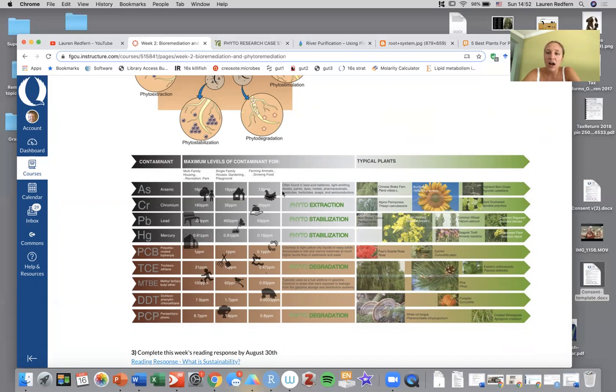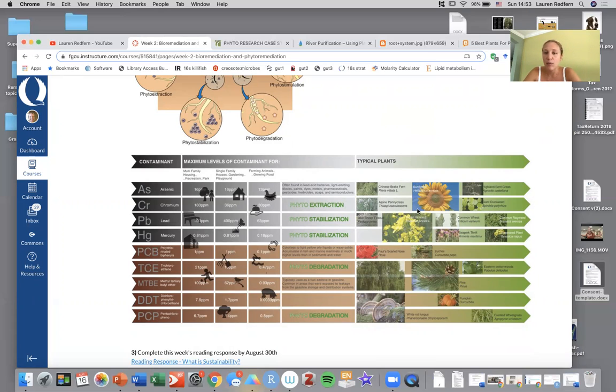So we have federally regulated levels of exposure. If a site has more arsenic than this or more DDT than this, you have to clean it up. So this is kind of trying to keep everybody safe and away from these chemicals that can cause birth defects or cancer or death. And then over the years of research, we have been looking at what sort of plants can effectively remove these contaminants from the environment.